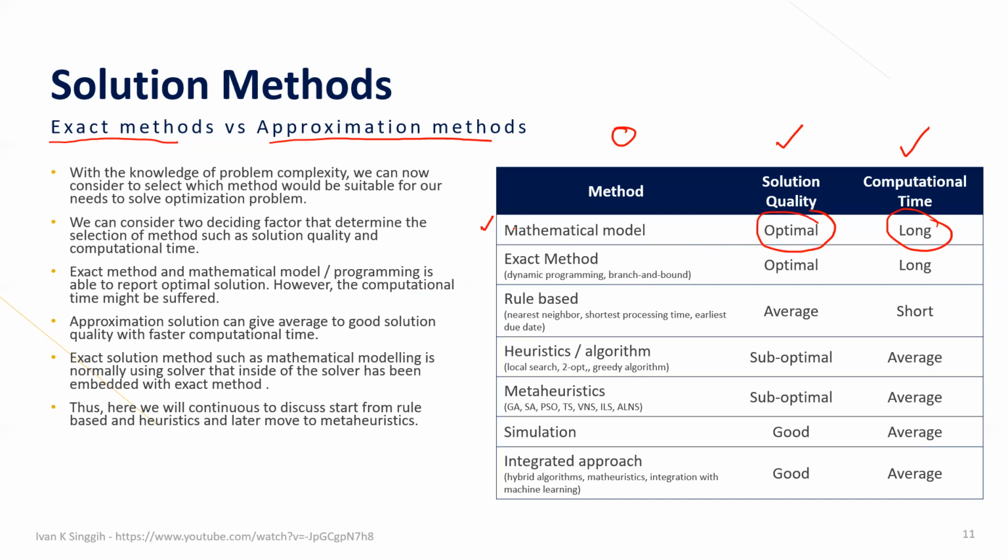And normally a mathematical model will use exact methods. So it may not appear directly to you, because normally the software that we are using is already nicely hiding the heavy workload of implementing exact methods like branch and bound, branch and price, dynamic programming, and Lagrange relaxation inside the software.